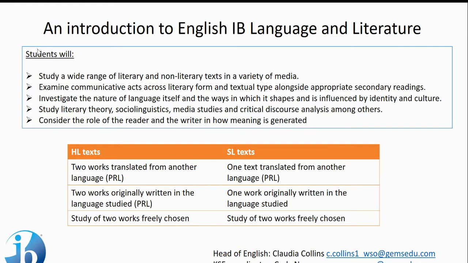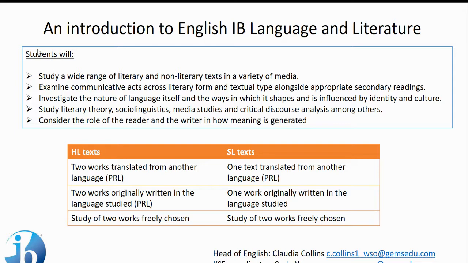The IB course is underpinned by global issues, so our discussions surrounding the text very much centre around how the producers of the text have tried to highlight some of the global issues that we face today, ones that we've faced in the past, and through the combination of looking at both literary and non-literary, the students are able to make connections.